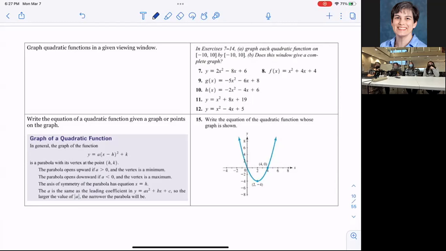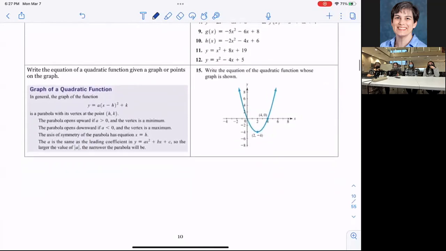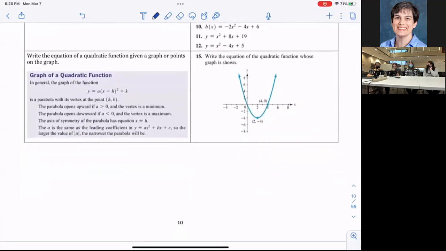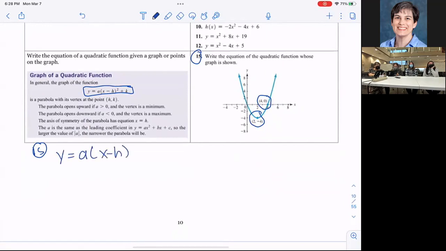All right, so number 15, write the equation of the quadratic function whose graph is shown. So for number 15, we're given 2 points. We're given the vertex, and then we're given some other point. So we're going to start off with this equation right here, which tells us that y equals a times x minus h squared plus k, where this h and k is the vertex.